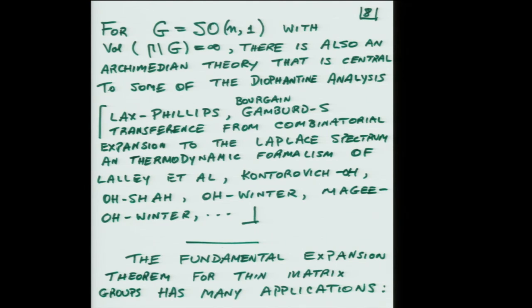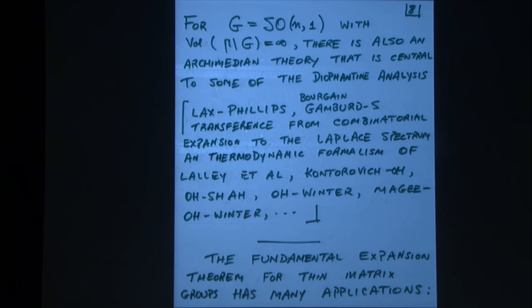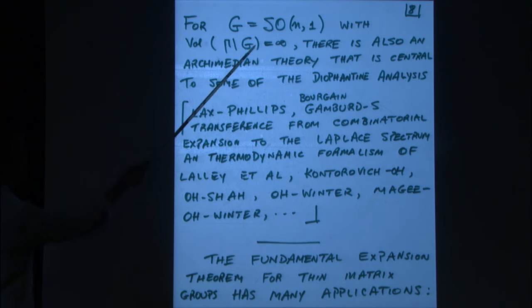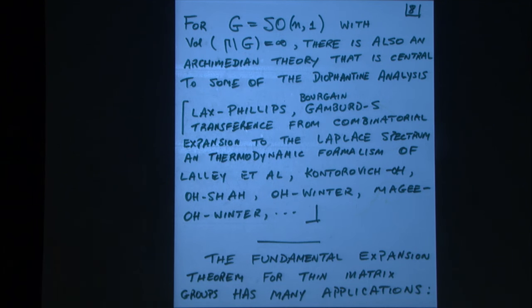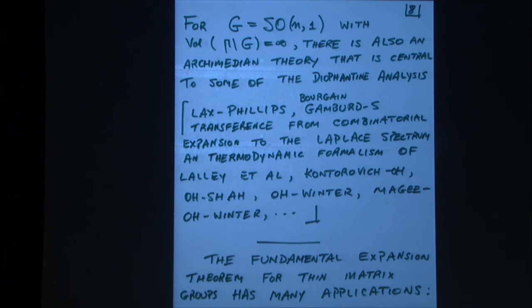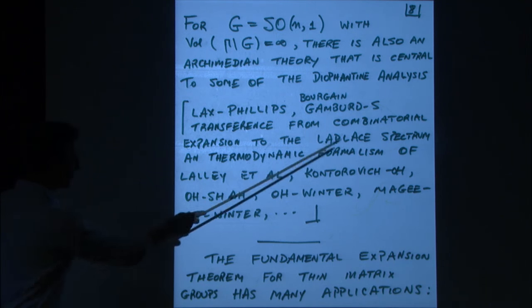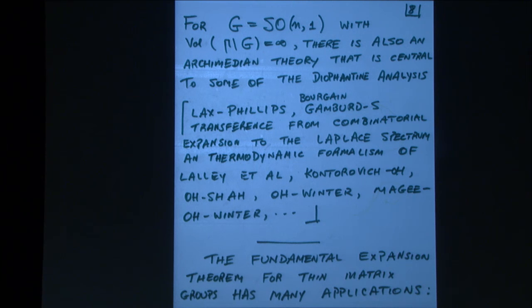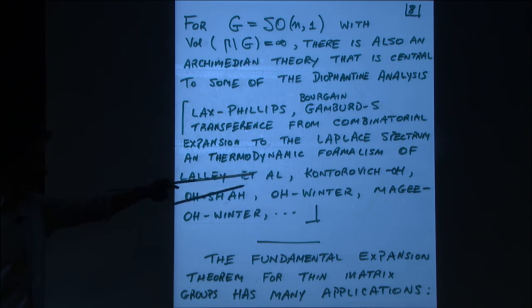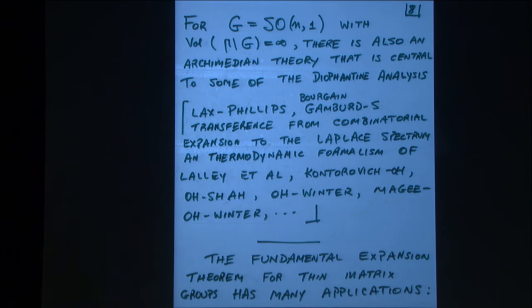So in this case, there's a paper of Bourgain, Gamburd, and myself, which transfers this combinatorial gap to an Archimedean gap in the geometrically finite cases. And even that's not enough, so sometimes we have to transfer it to what's called the thermodynamic formalism developed by people like Lalley, in order to make use of this spectral gap if you want to sieve. And in the semigroup case, this has become even more important.